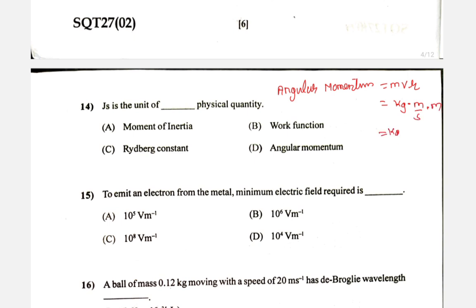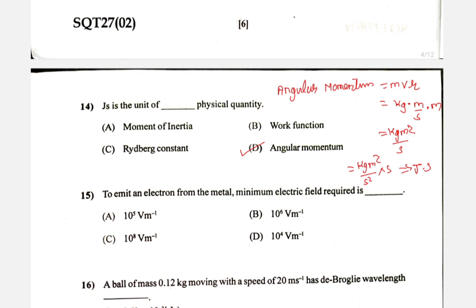Therefore kg meter square per second. And if now we multiply and divide with second square, means kg meter square per second square into second, which is equal to joule into second. So the answer will be angular momentum, D.